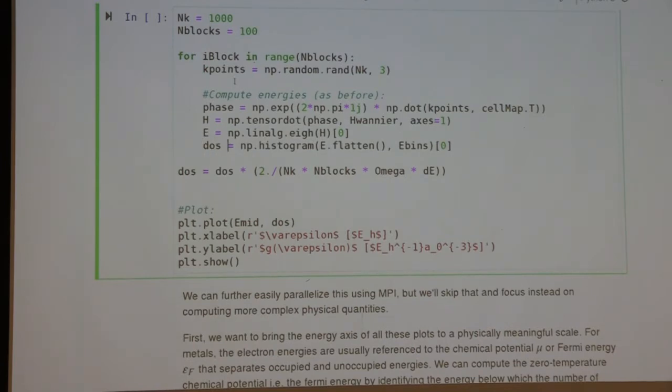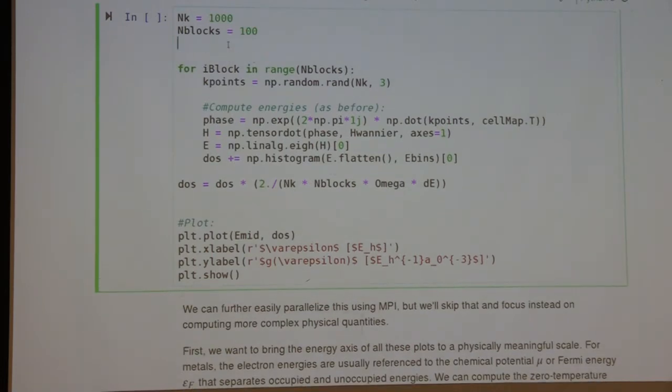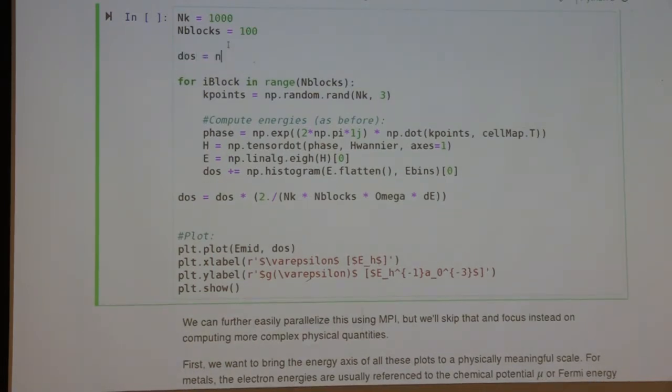Right? And here, instead of just doing this, I will accumulate my density of states, summing up over blocks, and I'll initialize that here. And then I finally do that same normalization, just accounting for the total number of k points that I've gone over.